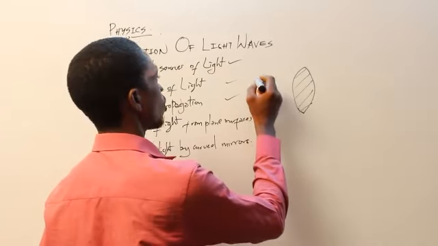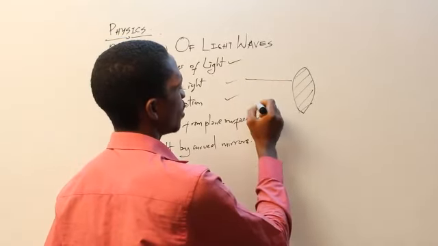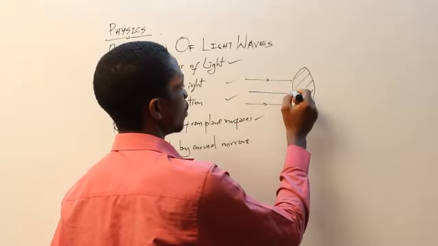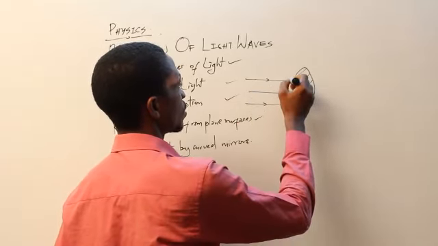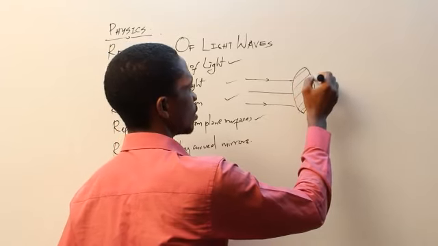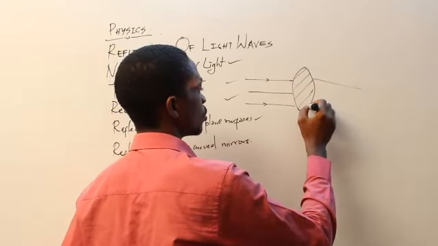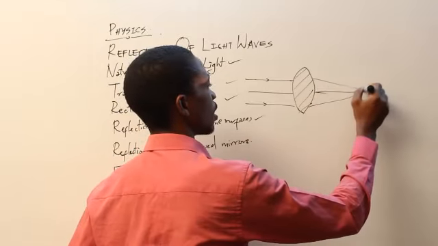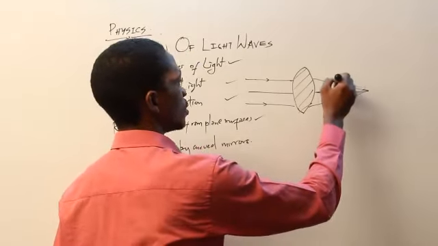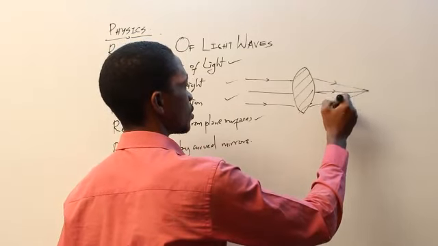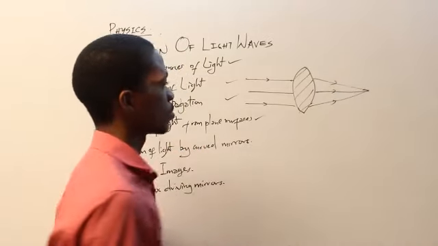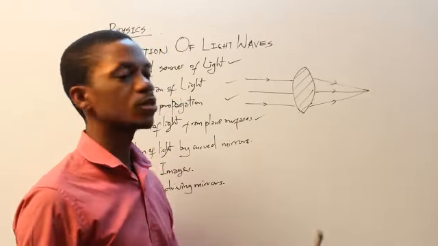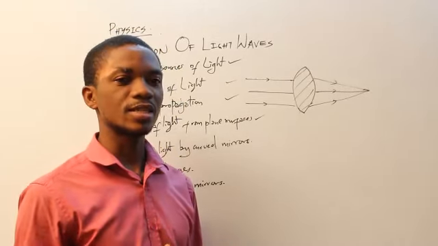So when light is coming, parallel light or parallel beam, when it comes in contact with the convex lens, the light begins to come together, and then they come to a point. That's what happens inside the convex lens.